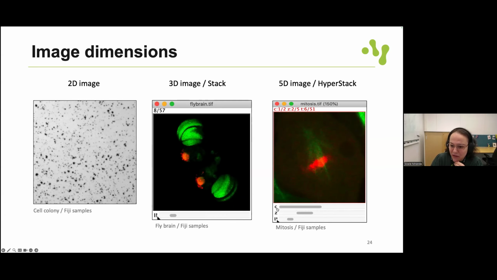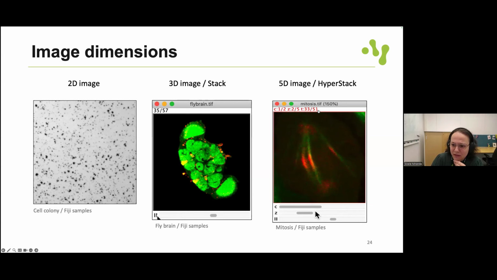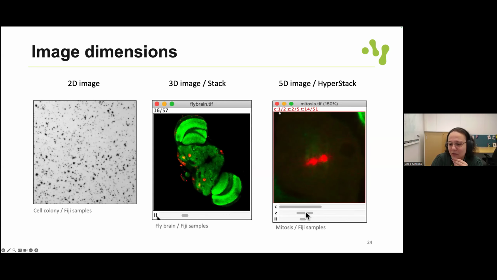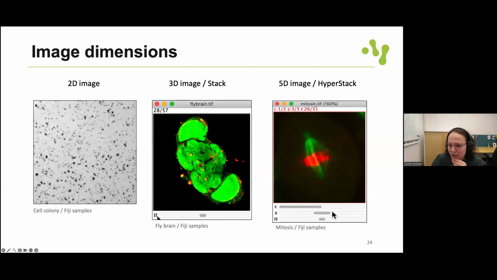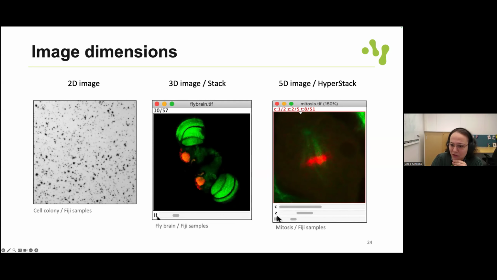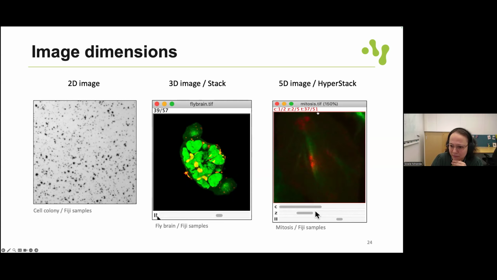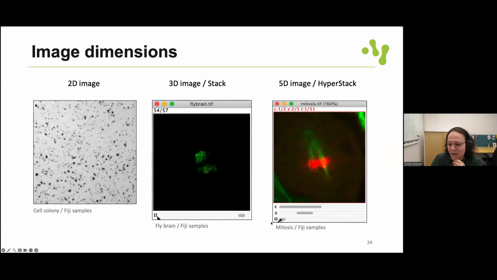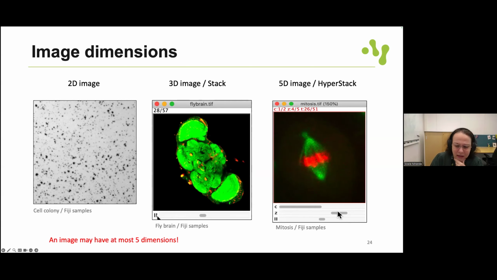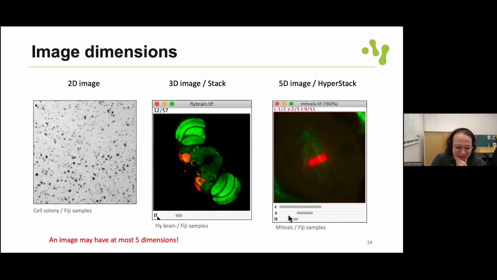We have the channels, and also some information on the upper part of the window. Here we have two channels. This is a mitosis example. We have a Z stack with 5 images, and a time lapse with 51 time points. So here we have what we call a 5D image, and that's the highest dimension we can have.